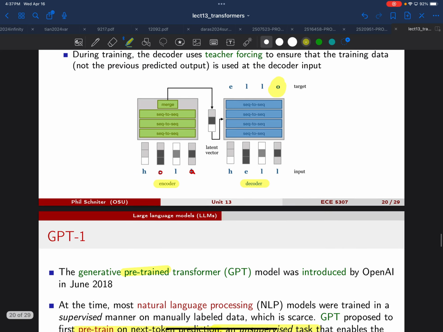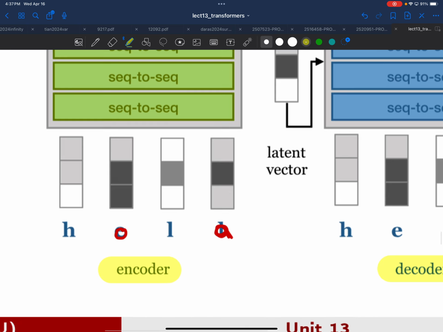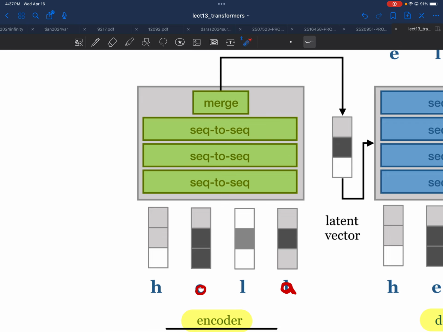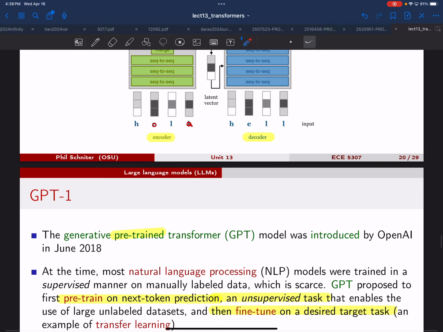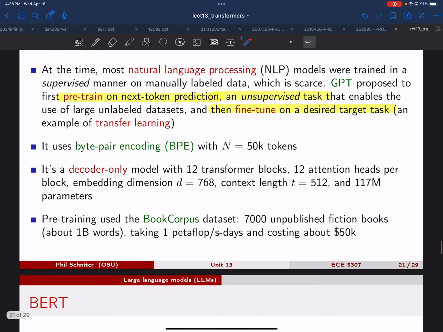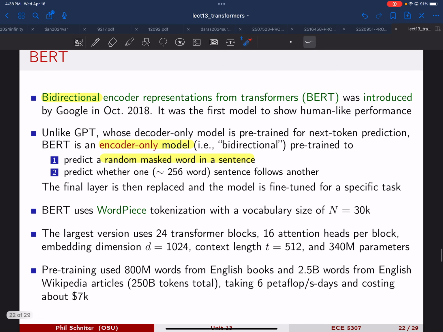So in this case here, it would be like taking hola, the word, and then randomly masking one of these characters out, and then asking this model, can you predict what that character is? Of course, this is a toy example, so it could be a randomly masked word. That masking could be anywhere. And so it had to understand everything in order to be able to predict a masked word anywhere.